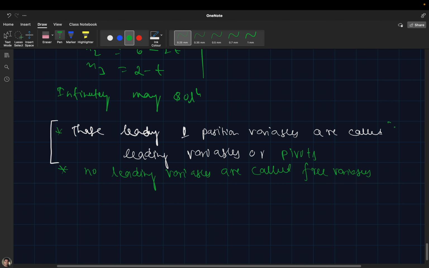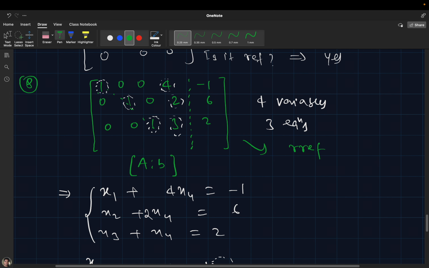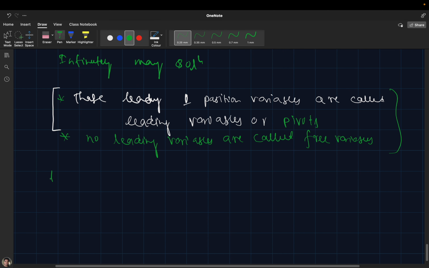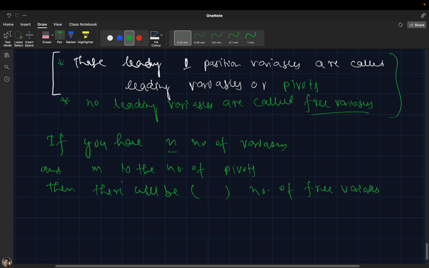So if you find the number of leading variables, the number of pivots, which means that if you have n number of variables, and m is the number of pivots, then how many free variables will there be? N minus m.